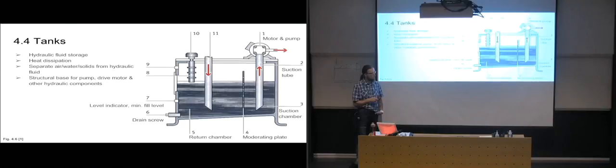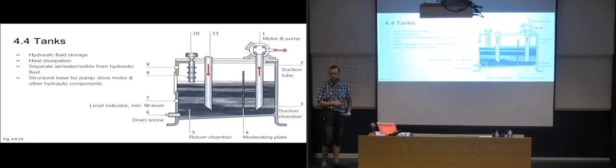And you have a level indicator, which is usually just a clear plastic or glass, just a small window where you can actually see the hydraulic fluid within. So if you can't see anything in the minimum fill level, then you have too little fluid in there, so you have to fill some fluid in.